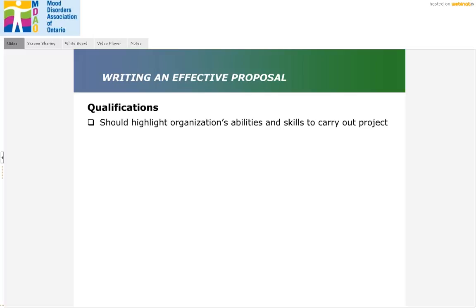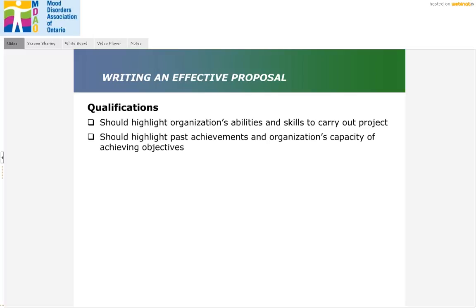You can highlight past achievements and the organization's capacity to achieving objectives through your existing or past programs or projects. Additionally, you should mention the key personnel who will carry out the project and their track records for meeting project deliverables.